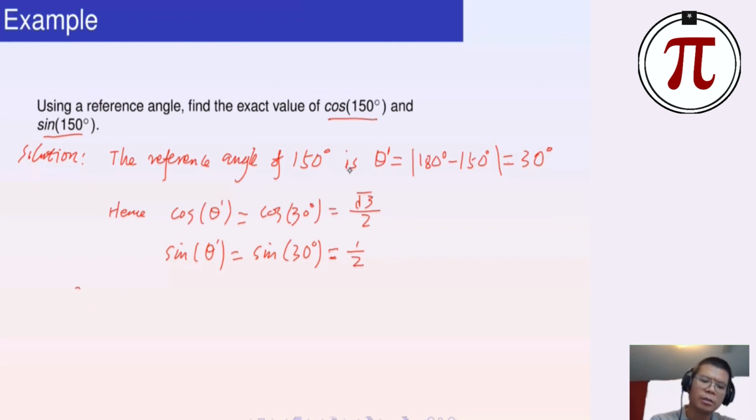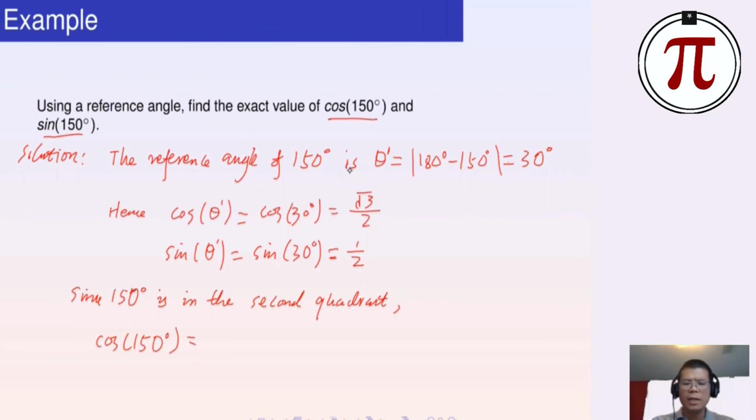Since 150 is in the second quadrant, is cosine of 150 negative or positive? Negative, because it's in the second quadrant.